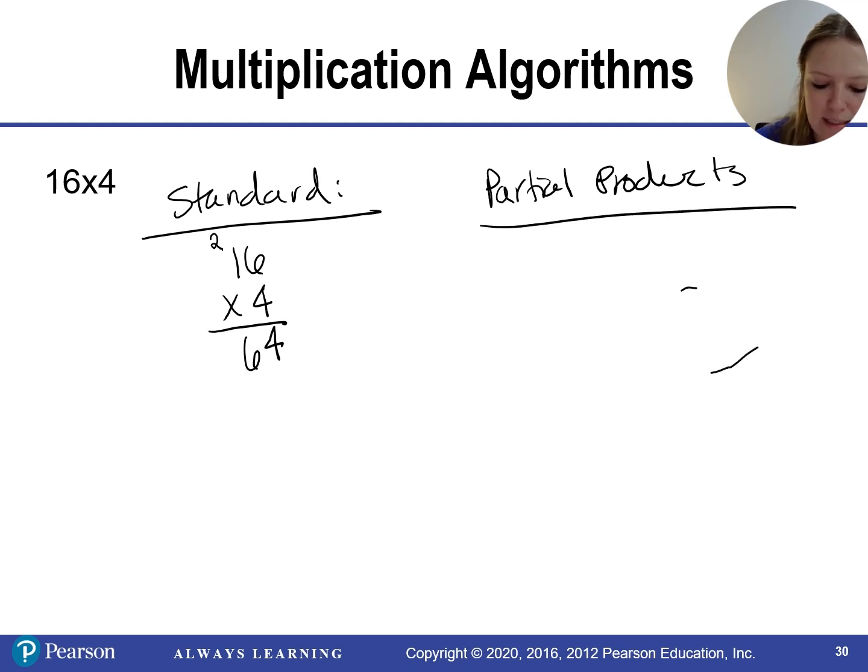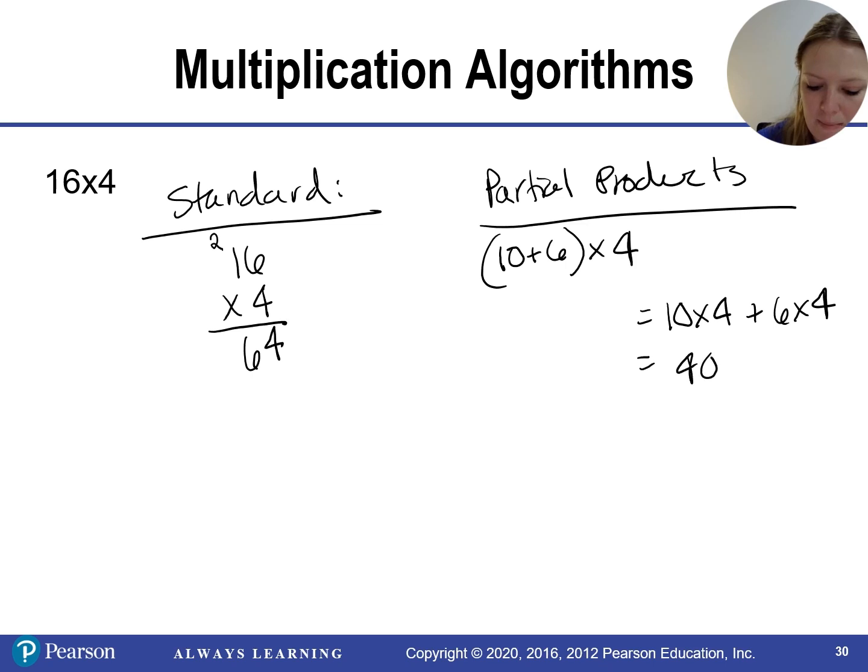So what partial products algorithm would do is it would break 16 down into 10 plus 6 times 4. And that would leave us with 10 times 4 plus 6 times 4. And 10 times 4 is 40, and 6 times 4 is 24.